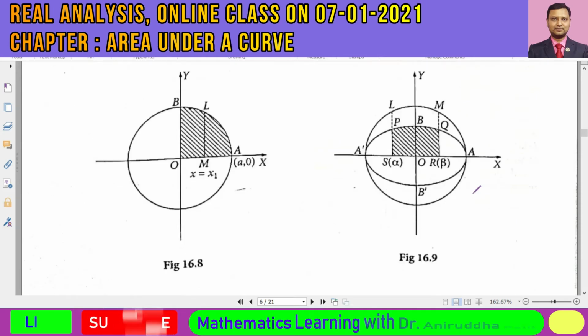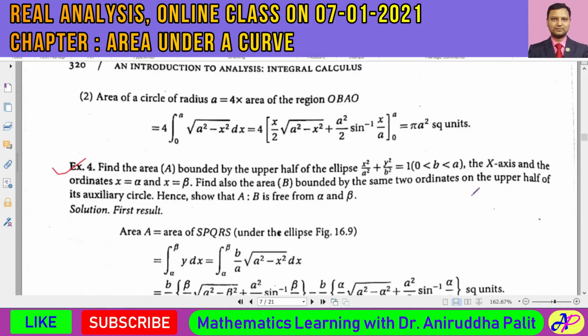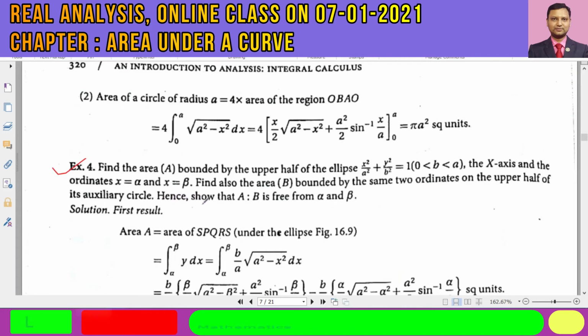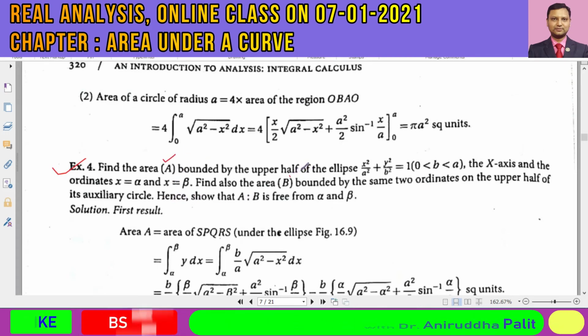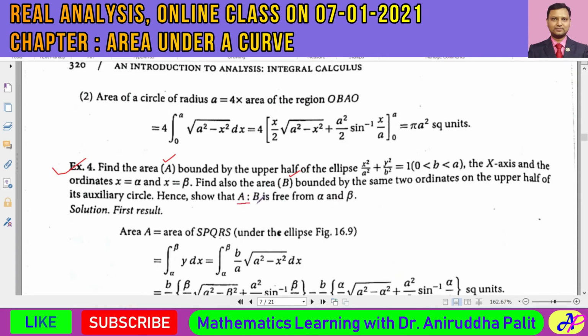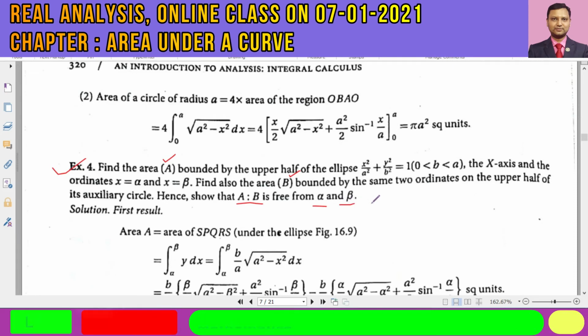All right. And then what does it say? Show that these two areas, that means area A and area B, the proportion of these two areas, A is to B, is free from alpha and beta. That is an important property of the auxiliary circle of an ellipse.